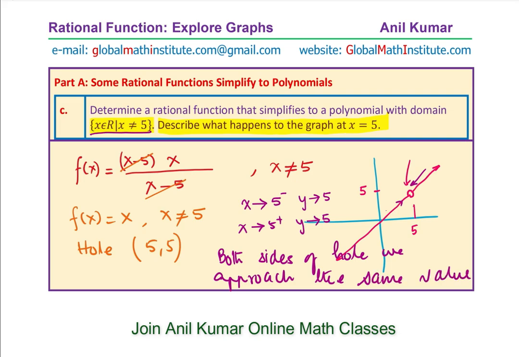Whenever we say value, we are trying to say y value, right? The output, correct? So that is how we relate the things. I hope the concept is now absolutely clear, right? So a rational function can be written as a polynomial with restrictions.